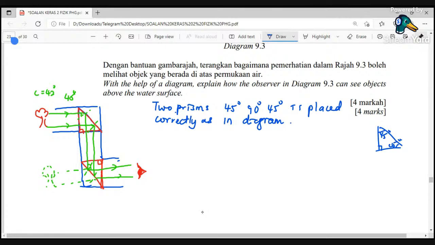You boleh labelkan angle. Angle of incidence (45 degrees) is always larger than critical angle of prism.